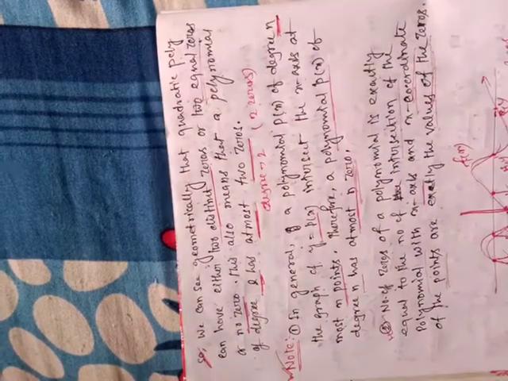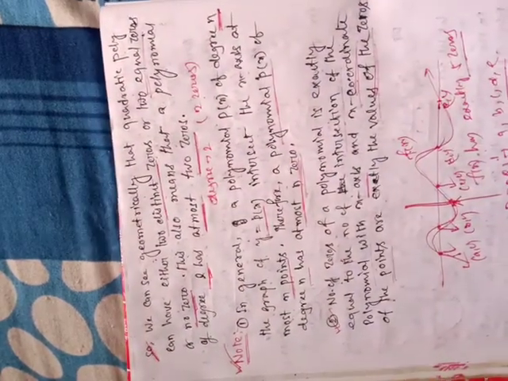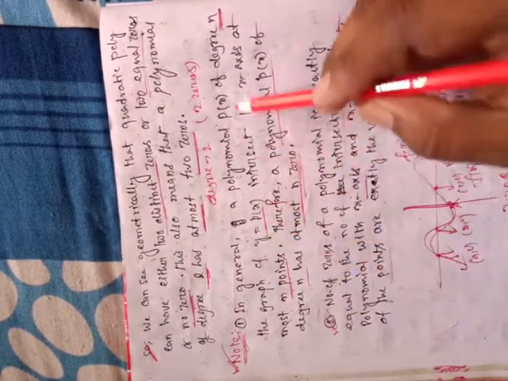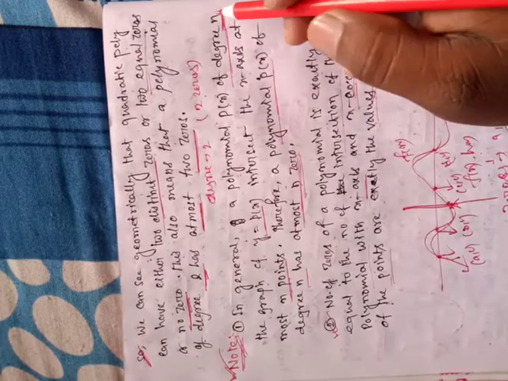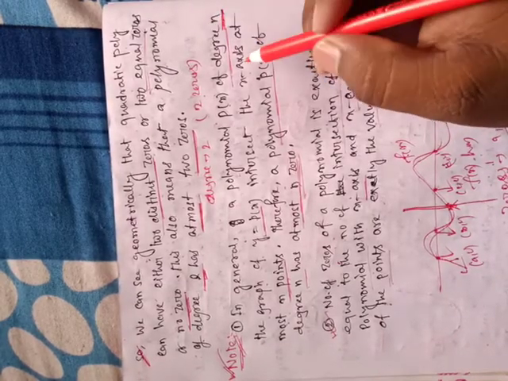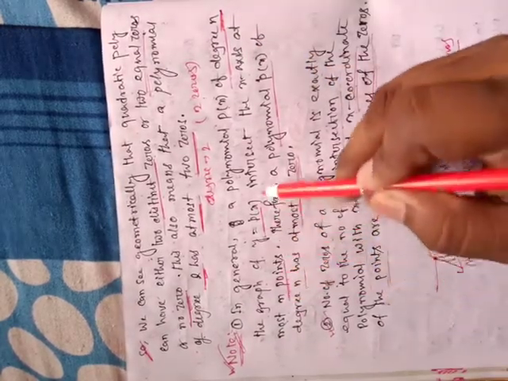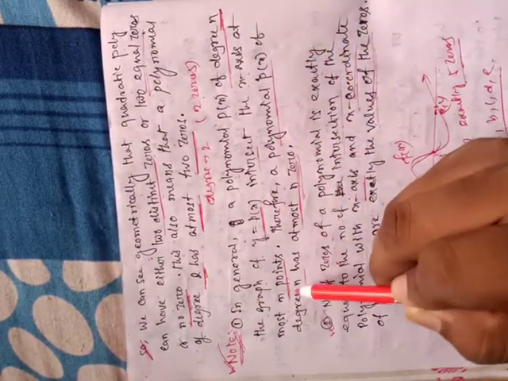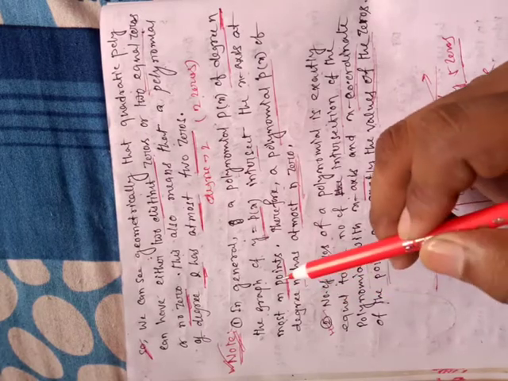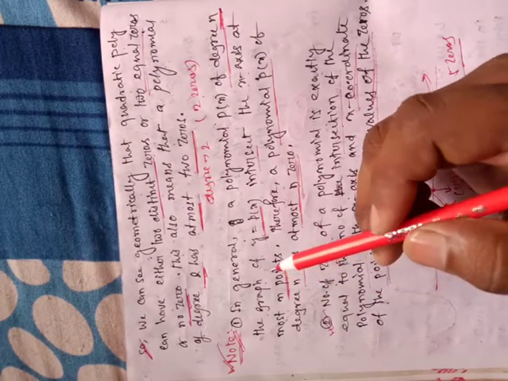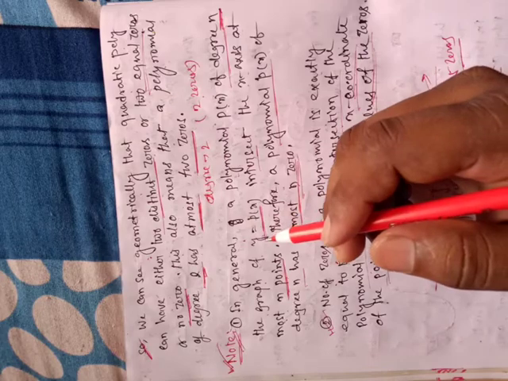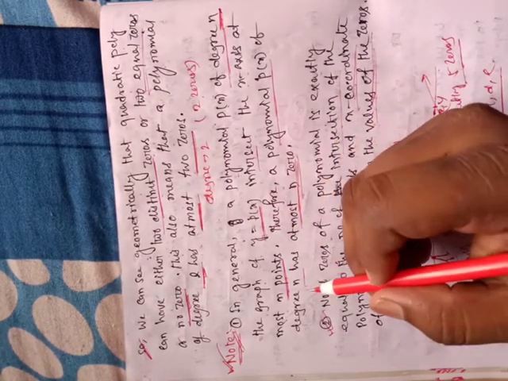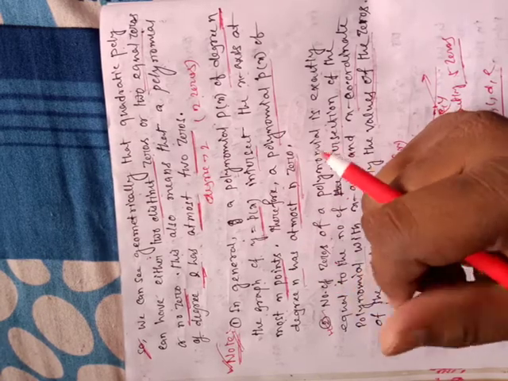Okay, and from this discussion we can conclude that in general, for a polynomial p(x) of degree n, the graph of y equals p(x) intersects the x-axis at most n points, because we saw in our previous discussion that a linear polynomial cuts at only one point at most, and for the quadratic polynomial the maximum cut points are 2.